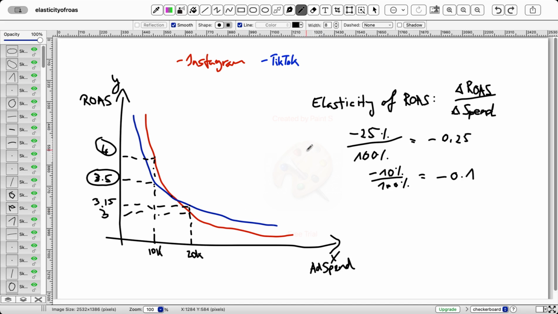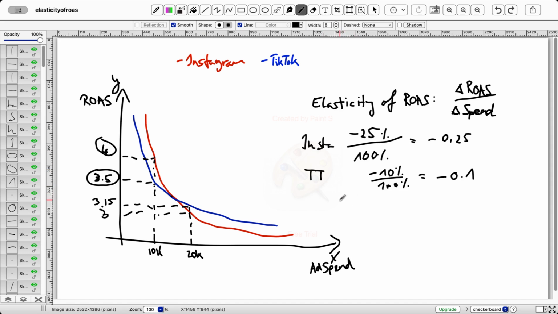So once your boss comes to you, you can say, okay, no problem, let me look into it a little bit closer. And if you then see, for example, that Insta has an elasticity of minus 0.25, and TikTok only has an elasticity of minus 0.1, then you have to look into it further, because you can already tell, boss, we might not be investing everything in Instagram right now because the elasticity of TikTok is actually better.